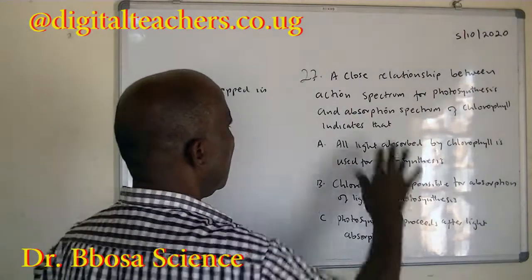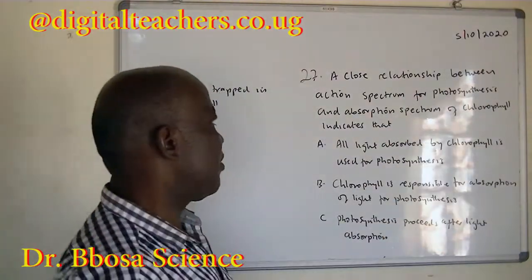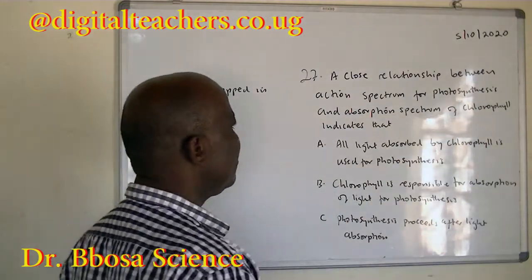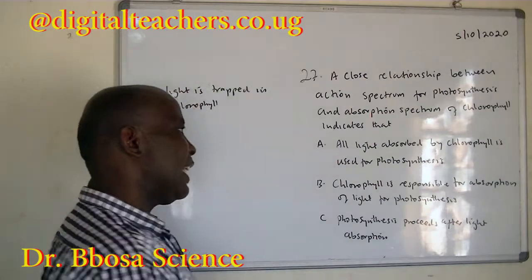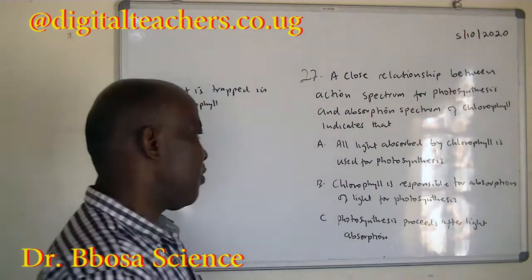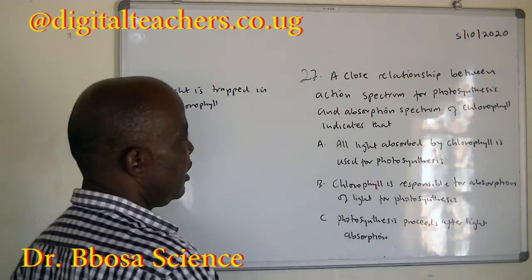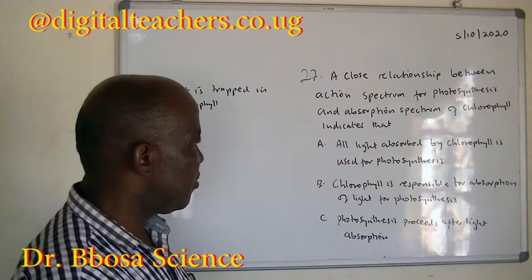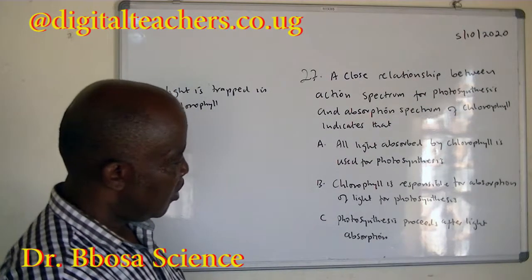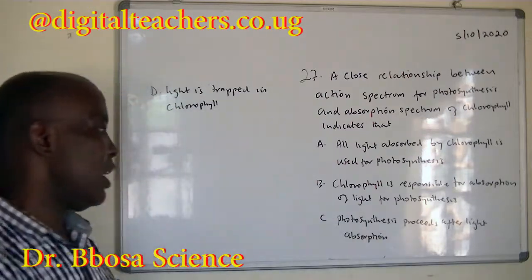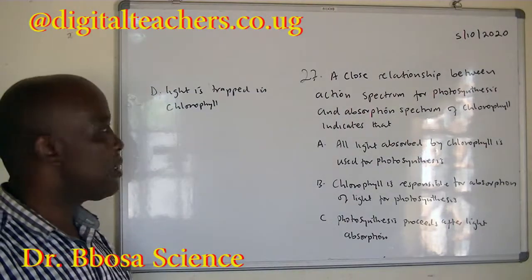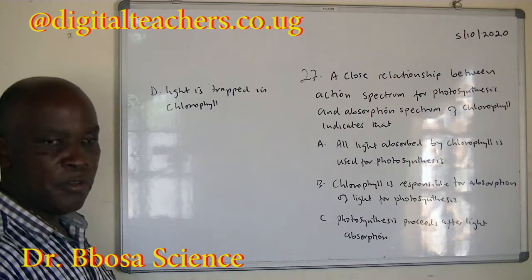27. A close relationship between the action spectrum for photosynthesis and the absorption spectrum of chlorophyll indicates that A. All light absorbed by chlorophyll is used for photosynthesis. B. Chlorophyll is responsible for absorption of light for photosynthesis. C. Photosynthesis proceeds after light absorption. D. Light is trapped in chlorophyll.